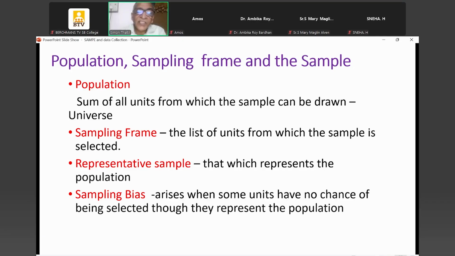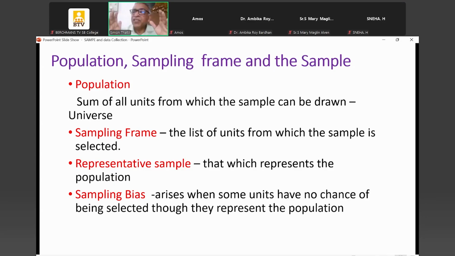Now, let us understand what is sampling bias. This arises when the units have no chance of being selected, though they represent the population. Now, suppose I'm taking a population in which we have different categories of representation. But suppose I'm saying that some group in this will never get selected.